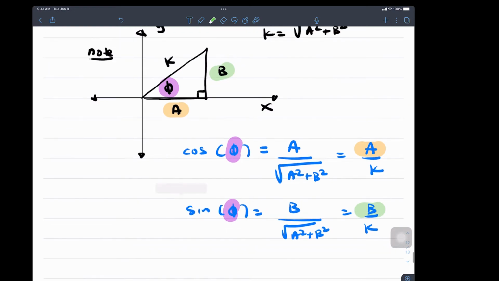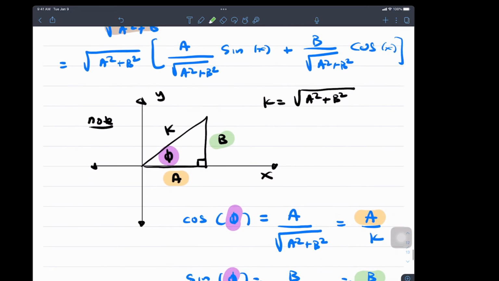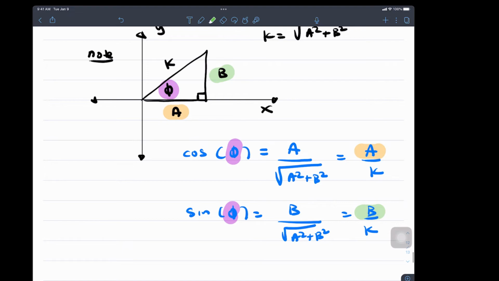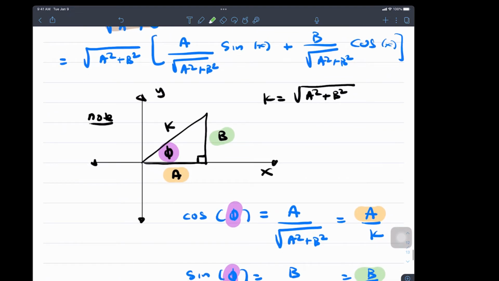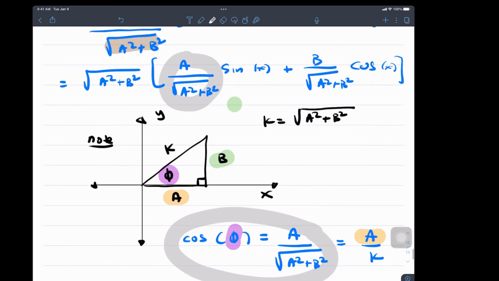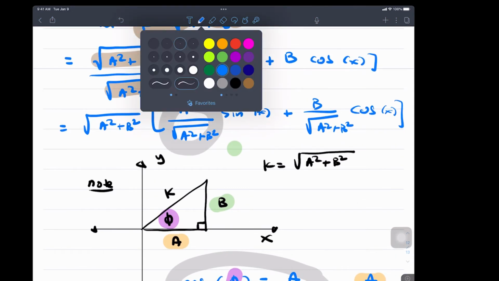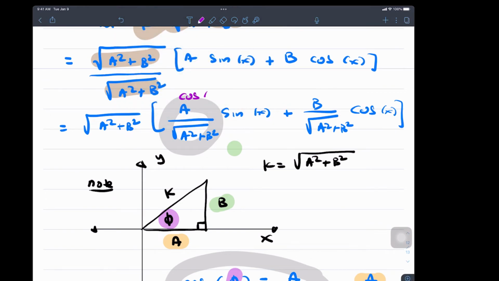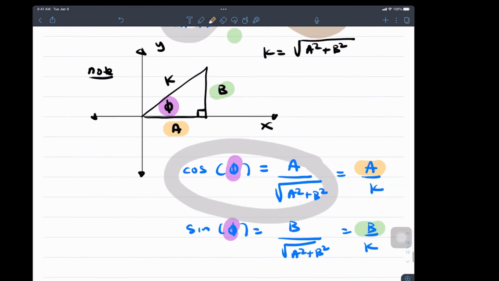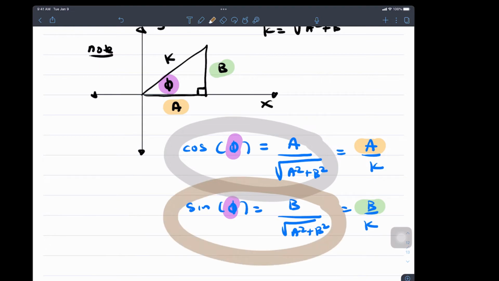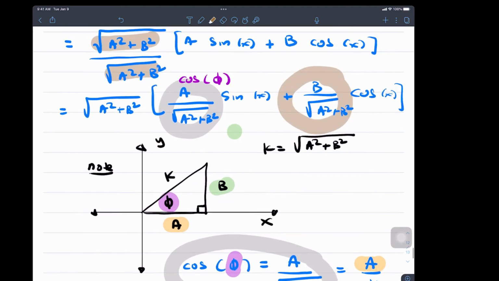All right, and you go, okay, well, what does this mean? You know what this one is? This one's right here. See this here? This is gold. That's cosine phi. And then what's this? So silver and gold. Isn't that sine phi? Right? You get sine phi?